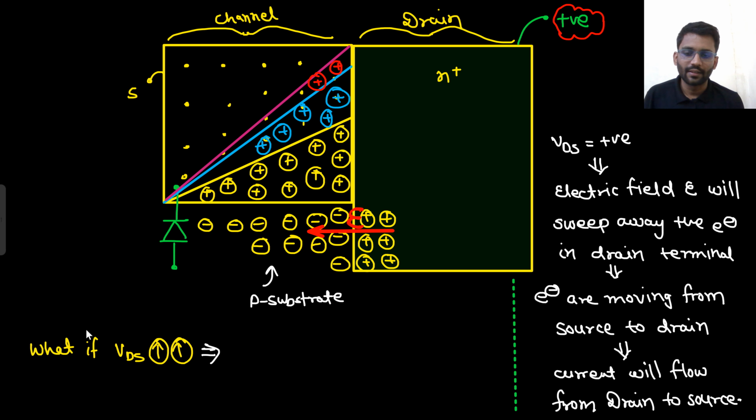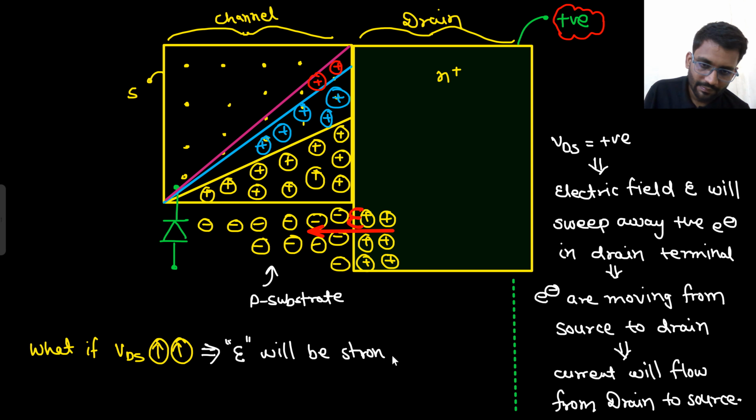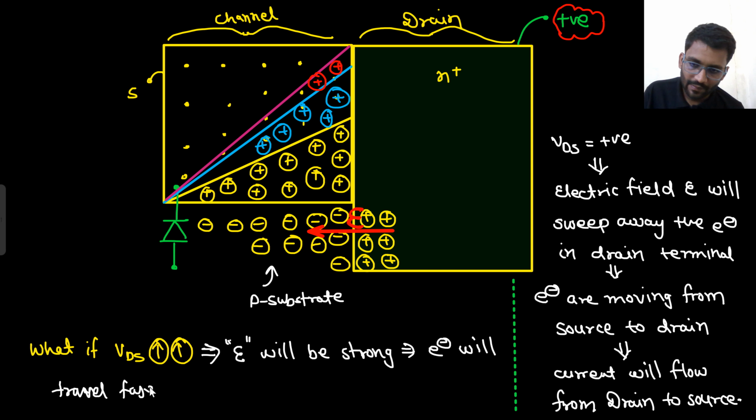Now what if I increase VDS? If I keep on increasing the VDS, that electric field E will be stronger, electrons will travel fast, and the current increases, right?